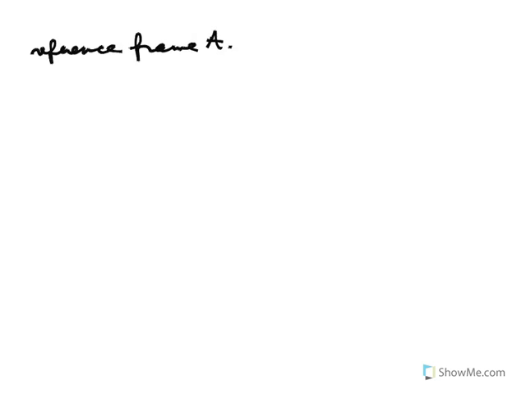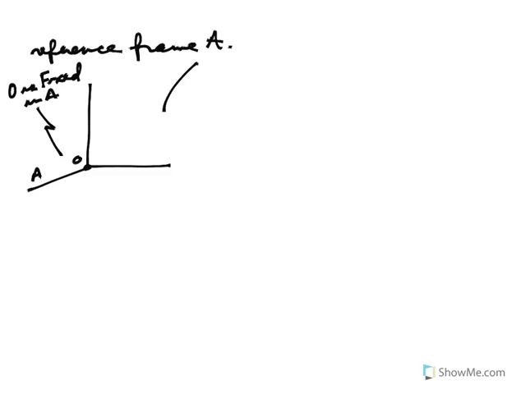A. So what that means is that if I have an arbitrary reference frame out here, I'll call it A, and I have a point O, and O is fixed in A, then this surface, there's a set of points.